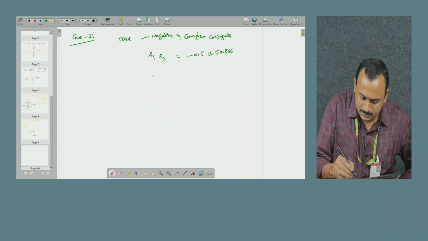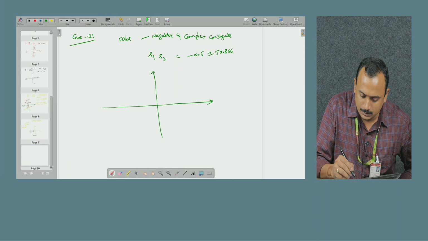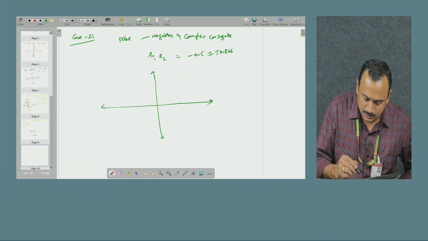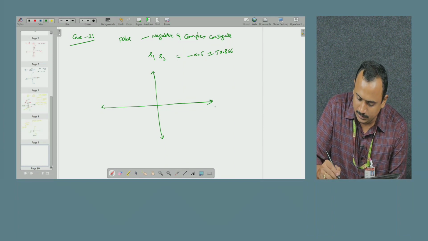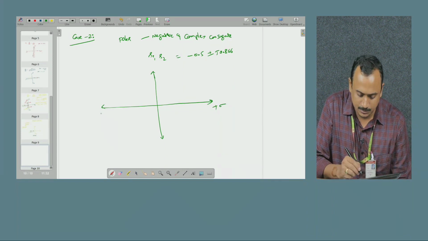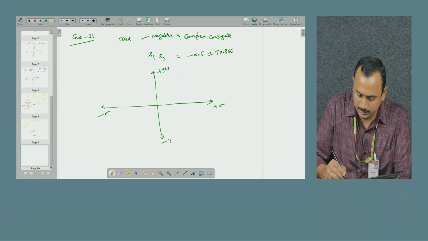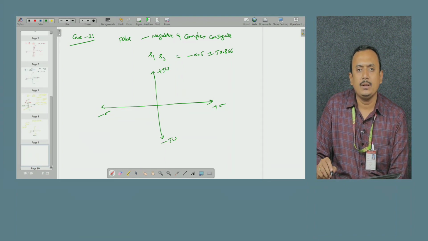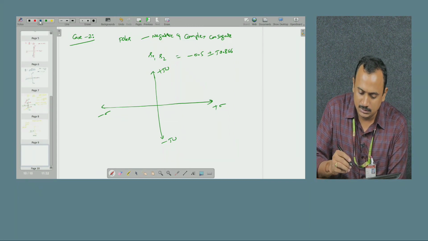In this case we have already seen the representation of these poles on the S plane, plus sigma, minus sigma, plus j omega, minus j omega. Now how do we have these poles on the S plane?